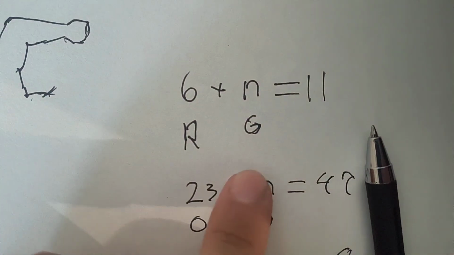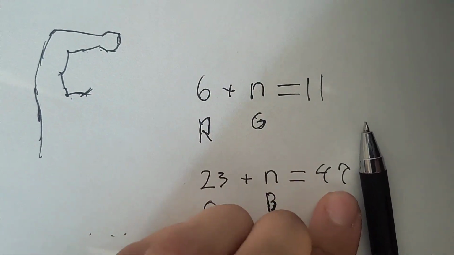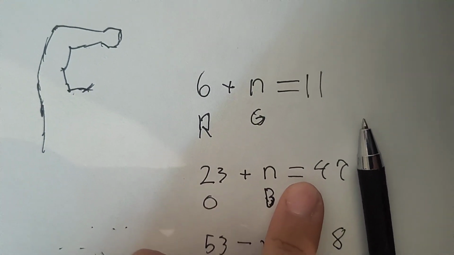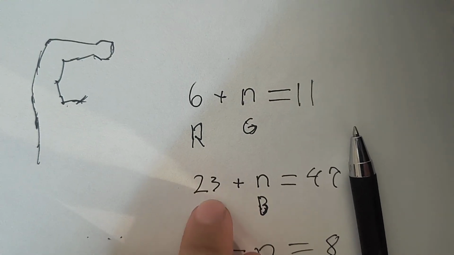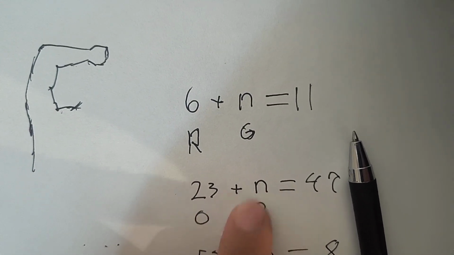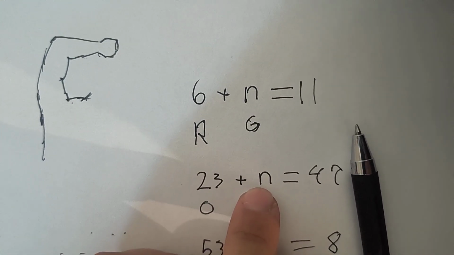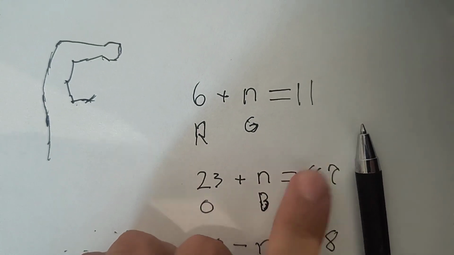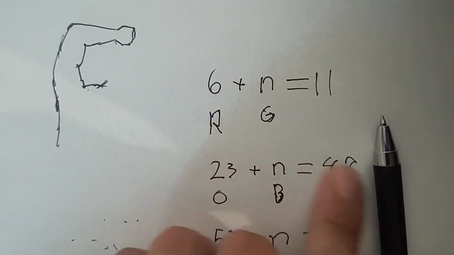Okay, well, let's say you had 47 cars, and 23 were orange. You knew that 23 were orange, and you knew that a certain amount were blue, but you weren't told. But you know that you have 47 cars in total. This is how you would represent that problem.